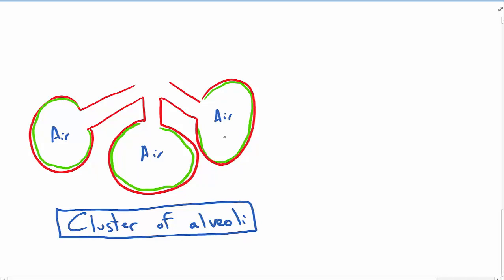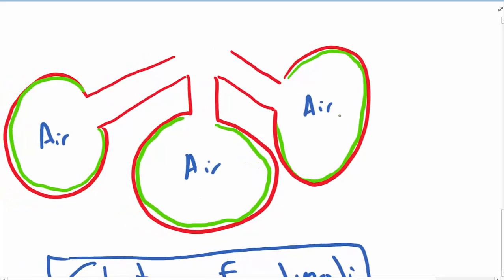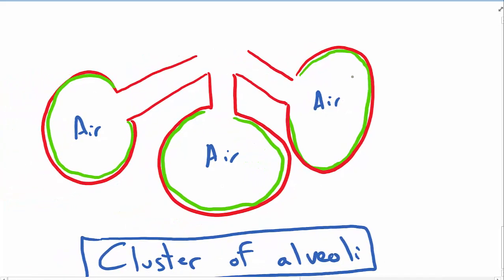And when you have a liquid barrier and an air barrier, you will have the effects of surface tension, or these surface forces. And these surface forces promote collapse of the alveoli.